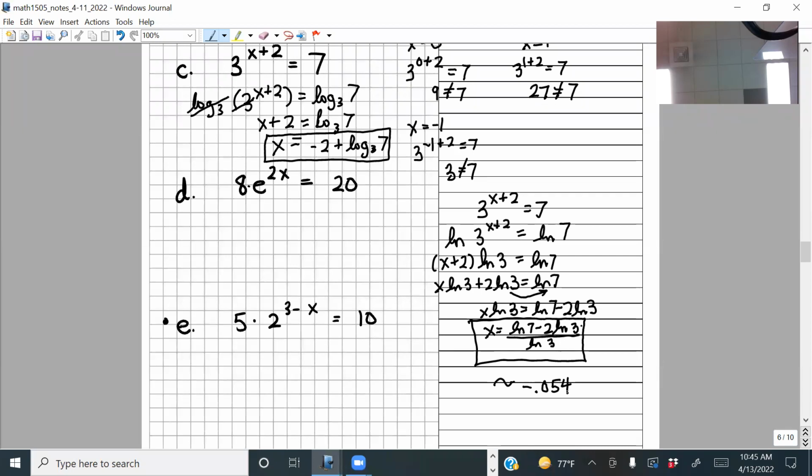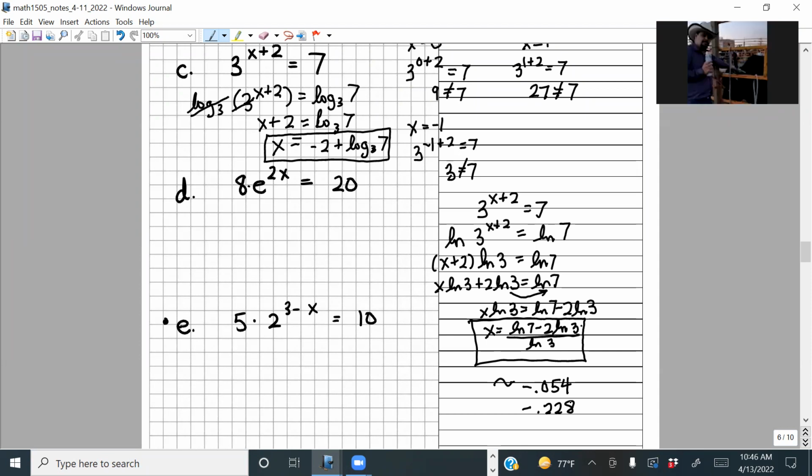Someone else get the same thing? No, I got negative 0.228. Ravi says minus 0.228. No, this is Fernando. Oh, Fernando, okay. Minus 0.228, anybody else?